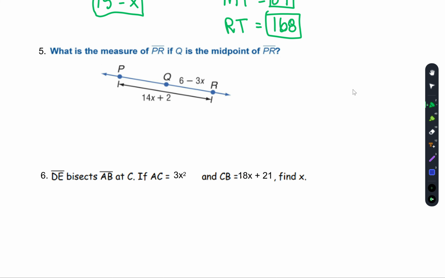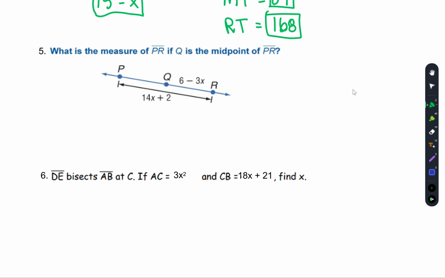What is the measure of PR if Q is the midpoint of PR? So what do we know? Q is the midpoint of PR. What does that tell me about this diagram? If Q is the midpoint.